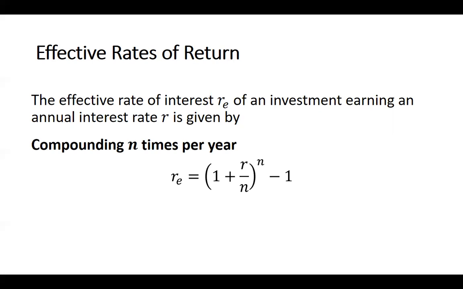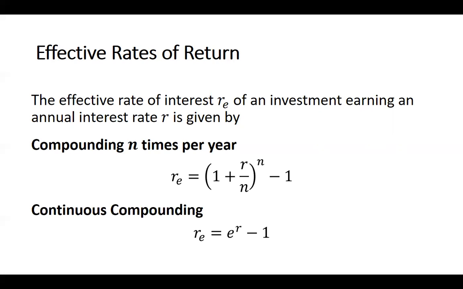Since it's $1, we're dropping out that dollar at the end. So we're doing our calculation, getting our interest, and seeing what our future value is if we were to invest $1 for a year at this rate. Then we're subtracting that dollar out, so it's giving us our interest received, which becomes our interest rate since it's $1 for 1 year. So that's why it's very similar to that formula.